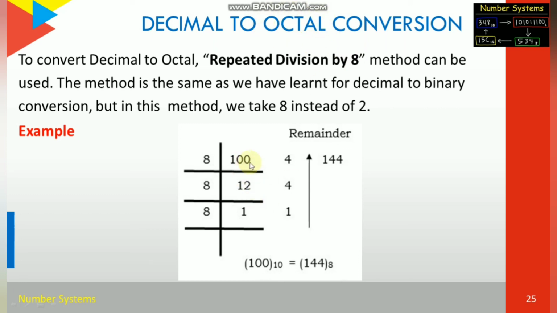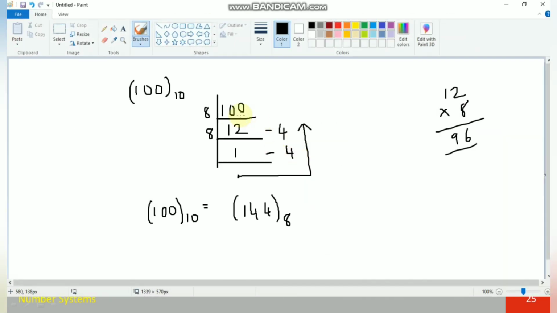So 100 divided by 8, you will get 12 times, 12 into 8 is 96, so the remainder is 4. Then again divided by 8, 1 times is 8, remainder is 4. We can't continue this because here we are getting n as 1.